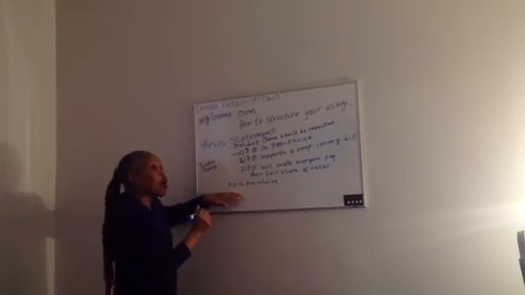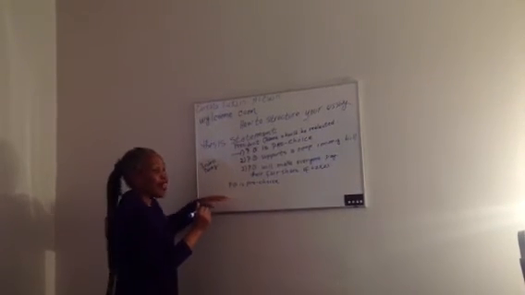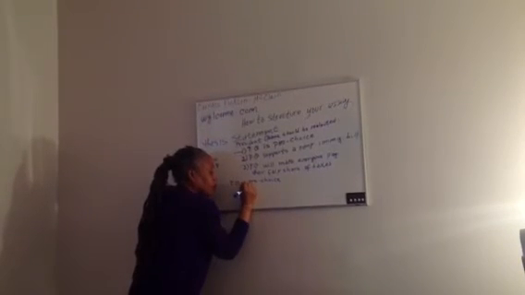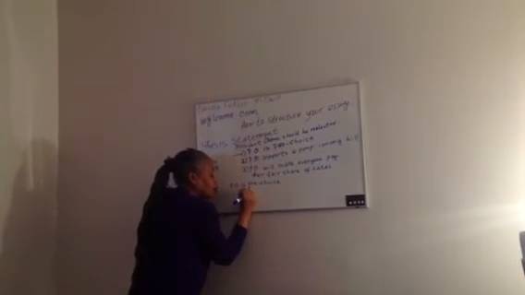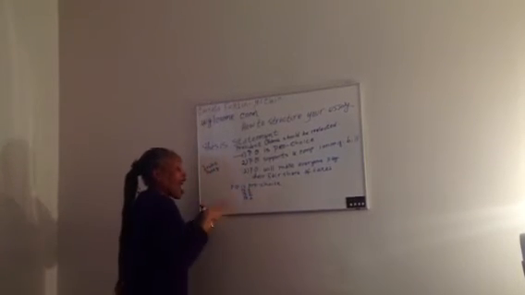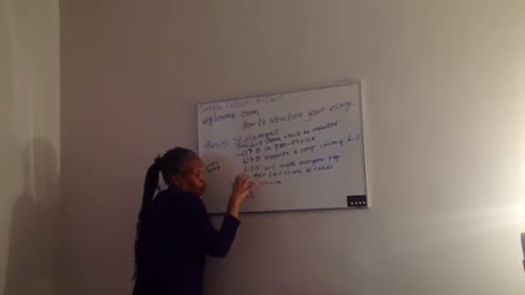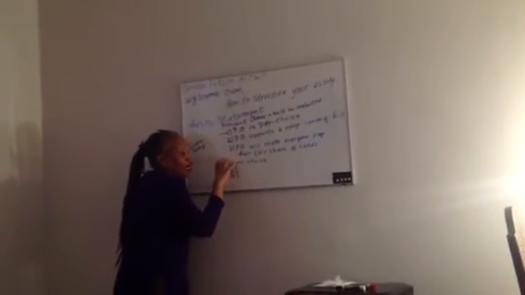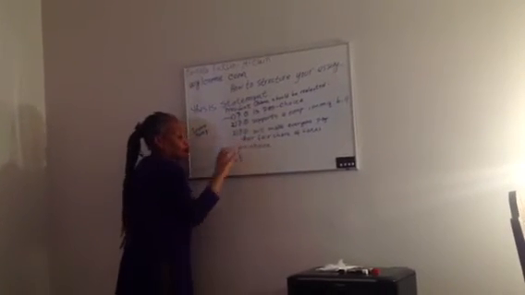Give me 3 points to support that. So point 1, point 2, and point 3. Because this is the first paragraph of your body, you're only going to be talking about that President Obama is pro-choice.